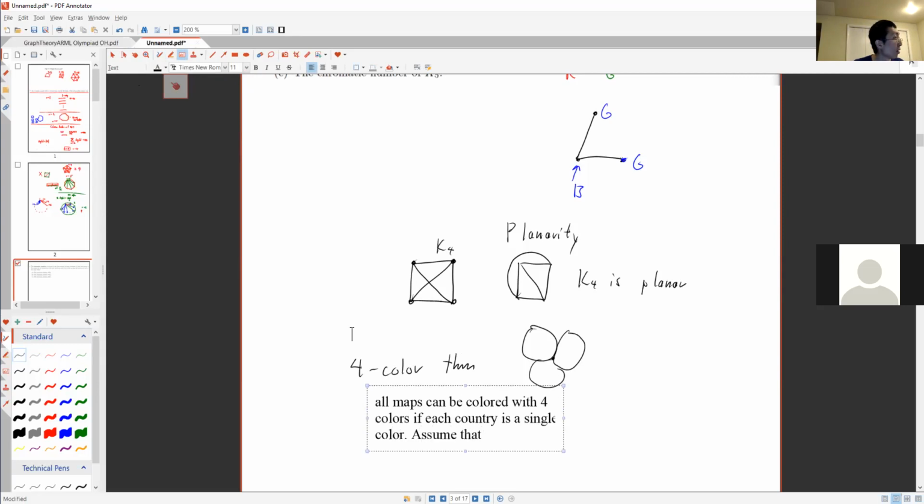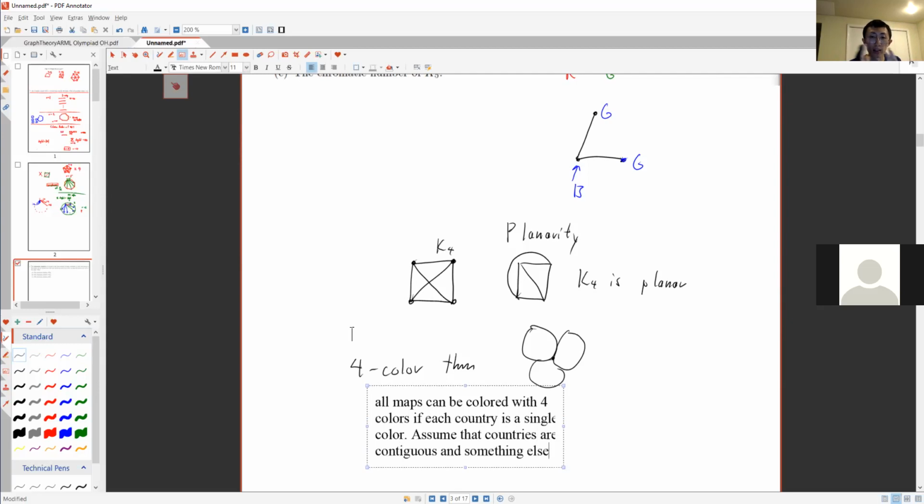Assume that countries are contiguous, and there's some other condition.